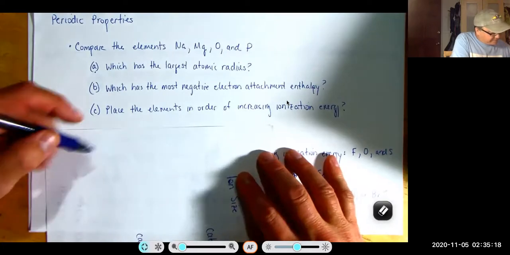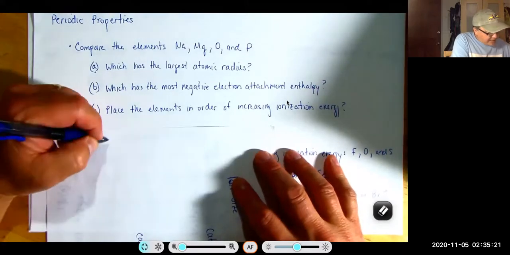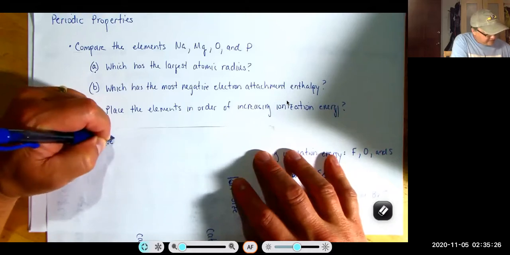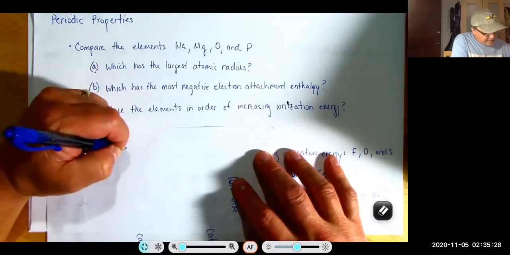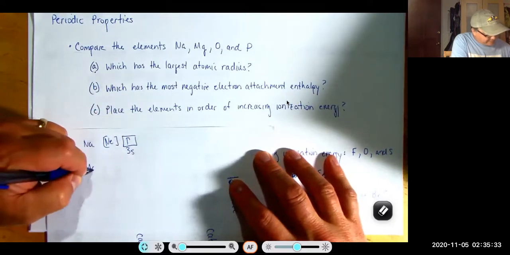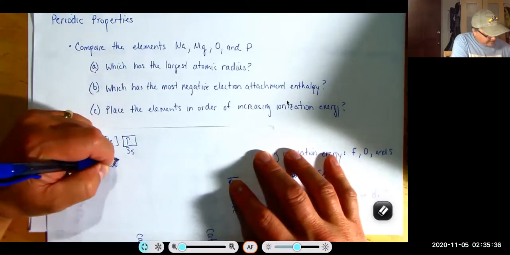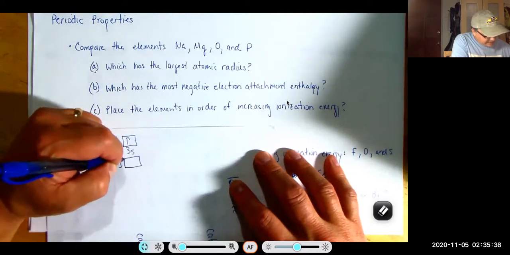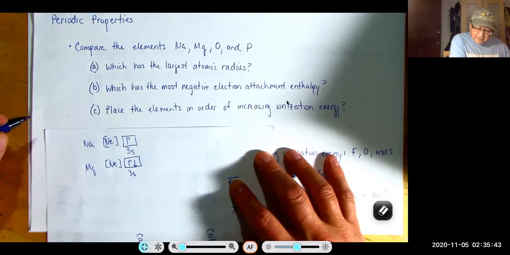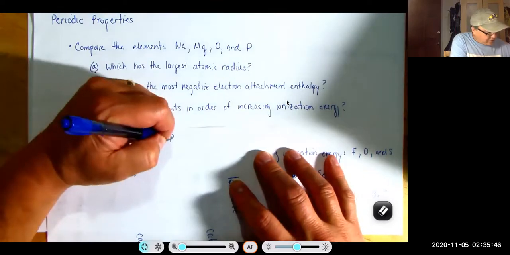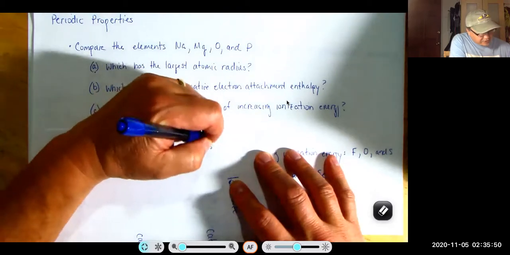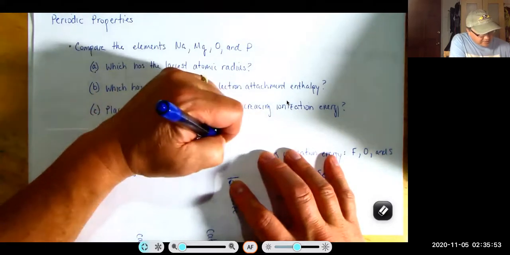So sodium, you're looking at a neon, 3s1. Magnesium, you're looking at a neon, 3s2. Phosphorus, you're looking at a neon, 3s2, and a 3p.